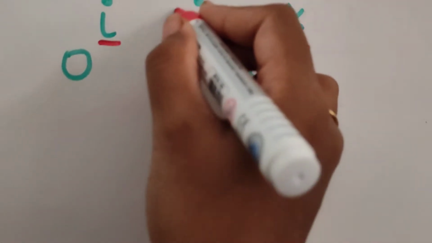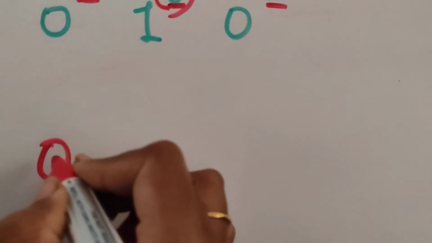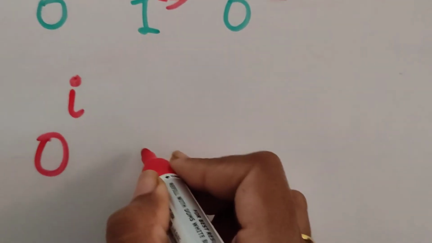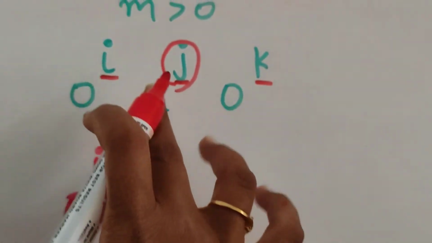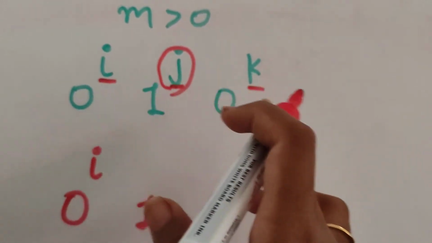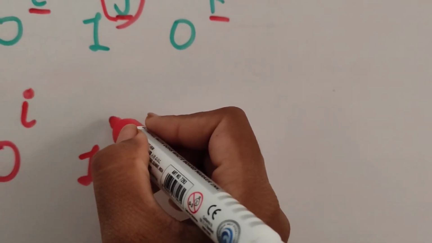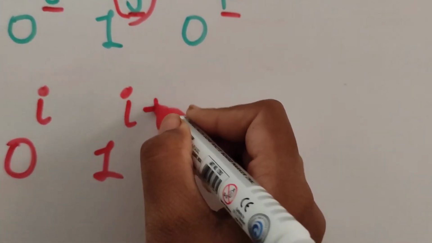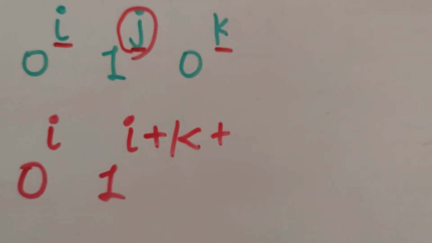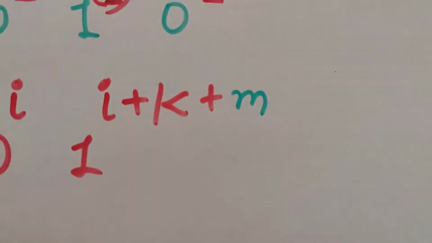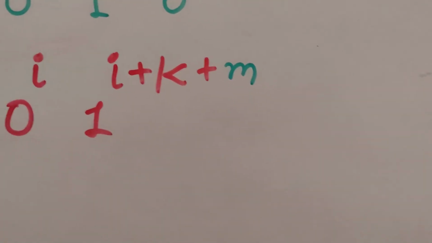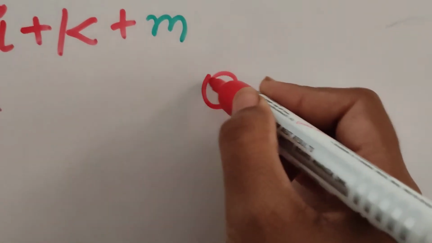So here instead of j we are taking 0 raised to i, 1 raised to a power that has to be greater than i plus k. So we take i plus k plus something greater than 0, which is m: i plus k plus m. Now 0 raised to k.